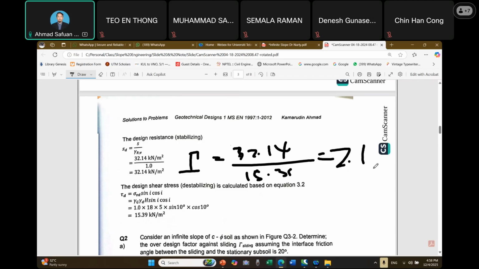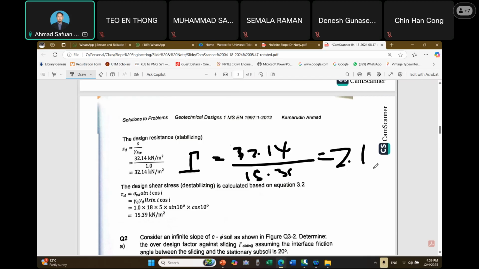By using the EC7, we need to make sure that both of the calculations comply with the EC7. Let's say if one has not complied, then we cannot proceed to use the result.